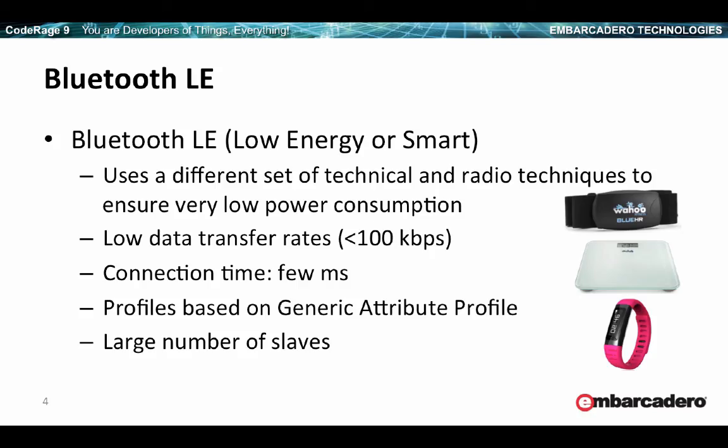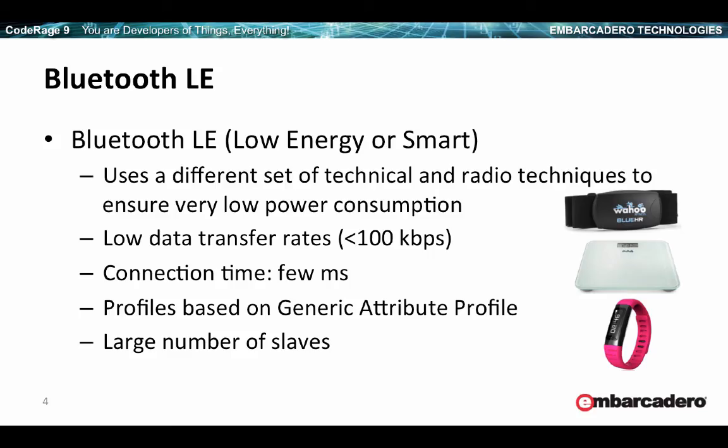It has low data transfer rates, less than 100 kilobytes per second, but again, this is not the goal of this technology. It has a very low connection time, just a few milliseconds, and we don't need to do the pair process that is present on classic Bluetooth.